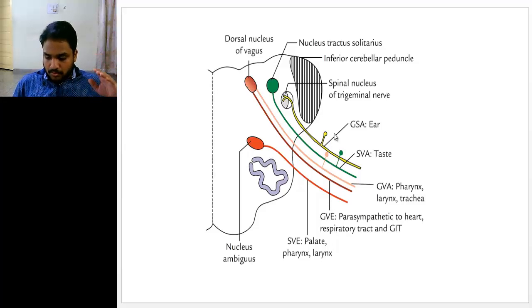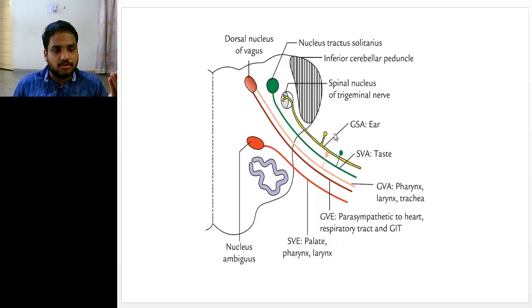So we test them together, because they are usually affected together, and when they are affected, they lead to symptoms like dysphagia, that is difficulty in swallowing, dysarthria, a problem in articulation of speech, there will be slurring of speech, and there would be nasal regurgitation of fluids, that is when the patient is taking fluids or liquid food, that would come through the nose.